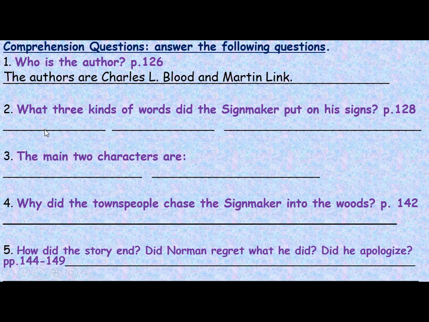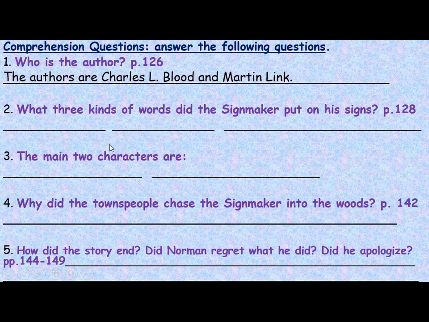Number 2. What three kinds of words did the sign maker put on his signs? This was on the first page of the text, page 128. Do you remember?